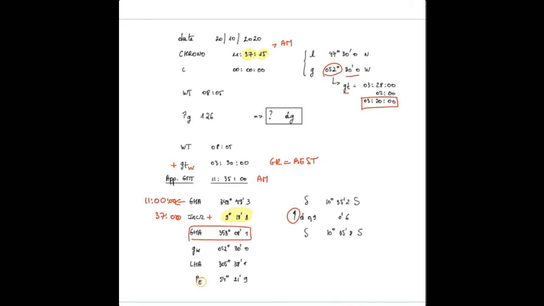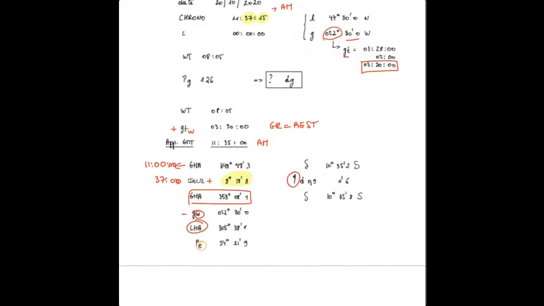Our longitude is west, Greenwich is best, so we need to subtract our longitude in order to obtain the LHA. This gives us an LHA of 305 degrees 38.1, bigger than 180 degrees, so our polar angle is east, and it's equal to 360 degrees minus the LHA. Voilà.